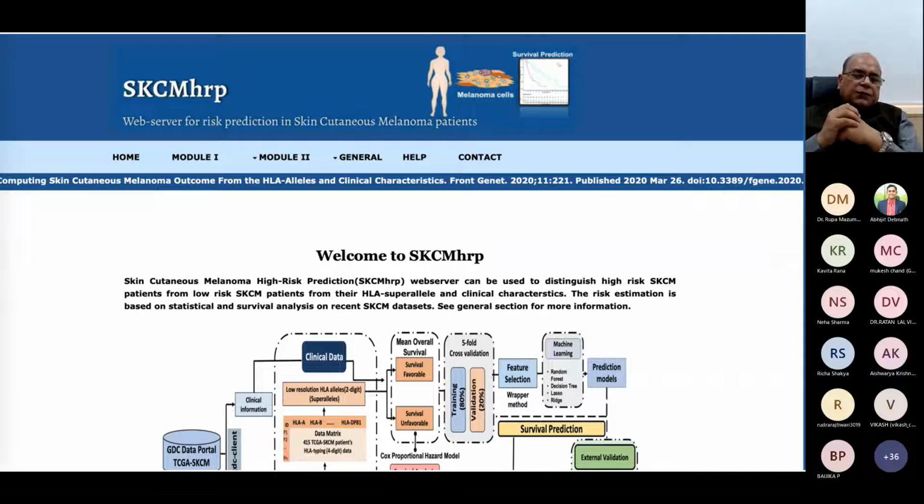Because sometimes, if you have the proper HLA typing, then the particular cancer will not survive for long, and the person will survive for a long life because they have the protection. But if a particular HLA type is missing, then it's very difficult. So here, based on HLA typing, we suggest prognostic biomarkers.